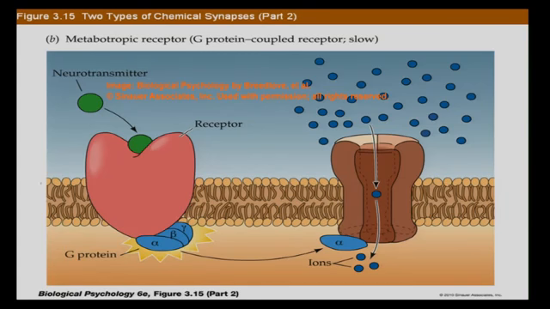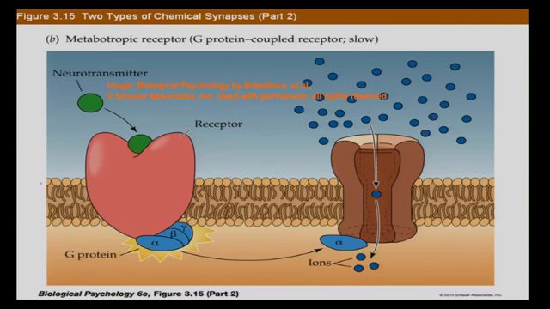Let's just look at this. Here is an example of a G protein coupled receptor. It's slower. It's a metabotropic receptor. Here is the metabotropic receptor right here. Here is that neurotransmitter sitting there that activates this. And what happens here is a second messenger, a G protein, is activated. When this slot is filled, the G protein down here on the inside of the neuron becomes activated. This G protein then floats over and activates usually another ionotropic receptor.